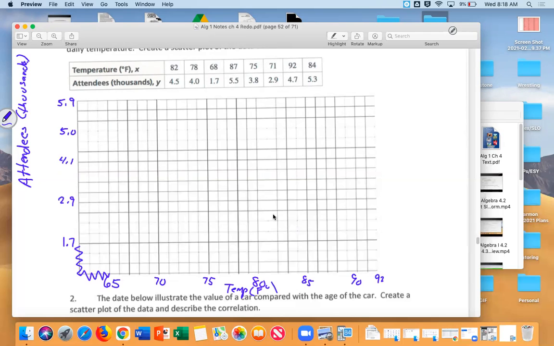So at 68, I'm at 1.7. At 82, we're at 4.5. At 78, I'm at 4. At 87, I'm at 5.5.